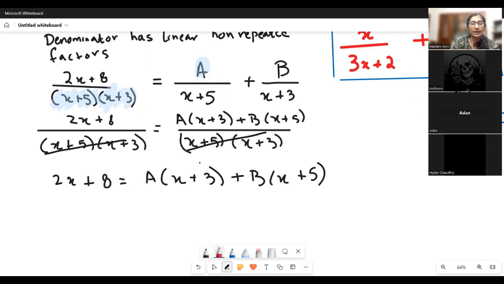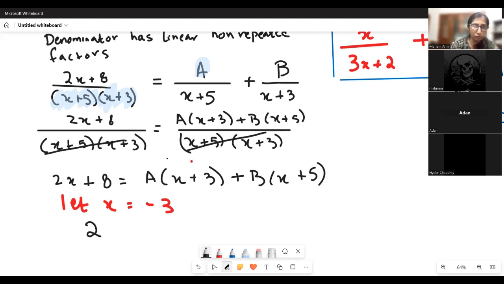So if I let x equal minus 3, that would be very convenient because this factor changes into 0, and then the A term will get eliminated and we'll be able to find the value of B. So we're going to substitute x equals minus 3. What do we get here? We get 2 into minus 3, which is minus 6, plus 8, which is 2.